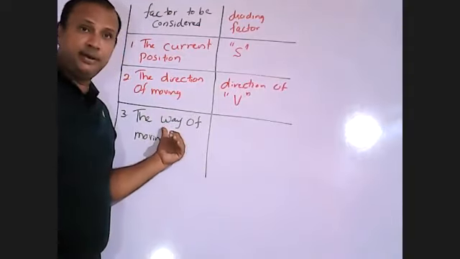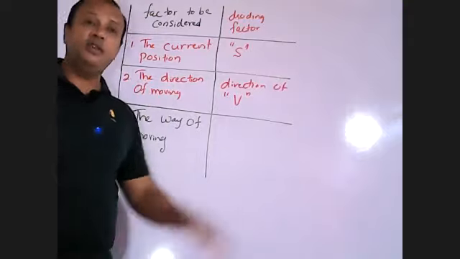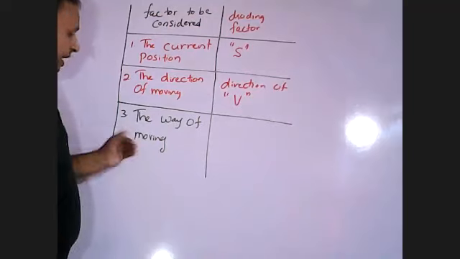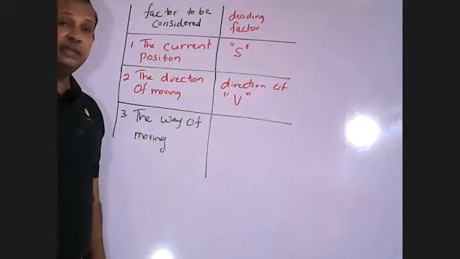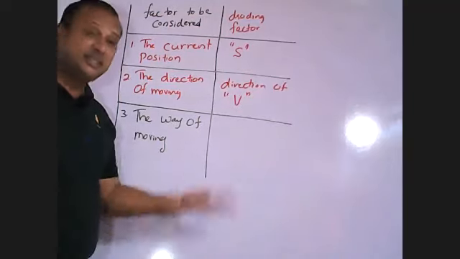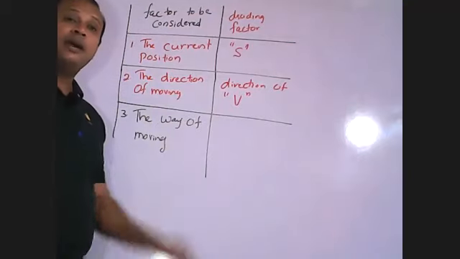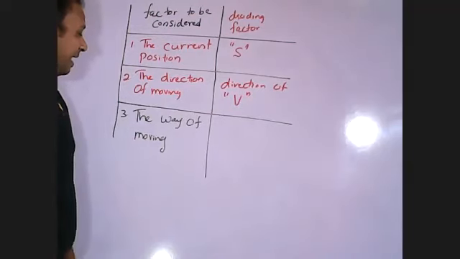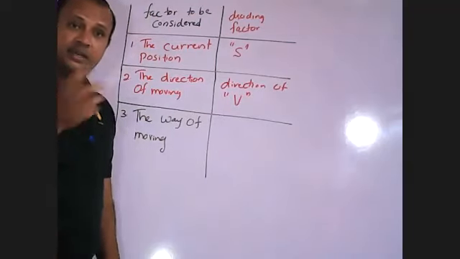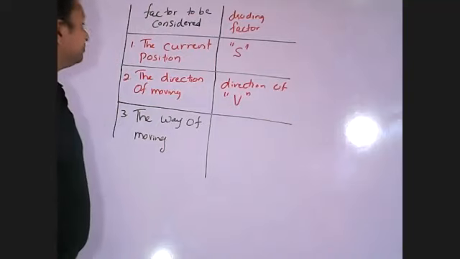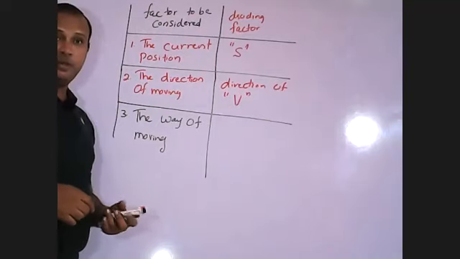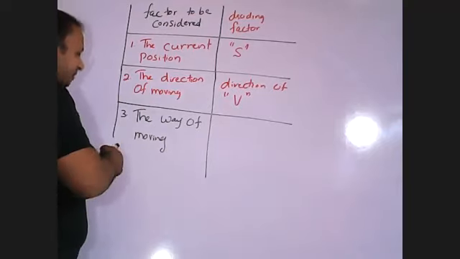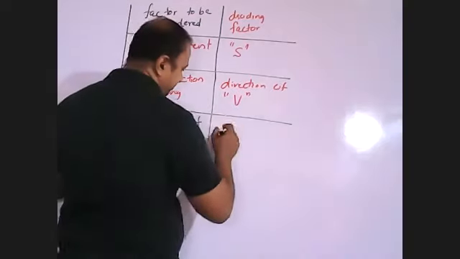If it has a deceleration, the velocity will decrease with time. If it doesn't have an acceleration, that means acceleration is 0, it will move at a constant or uniform speed. So acceleration is the factor that decides the way of moving.